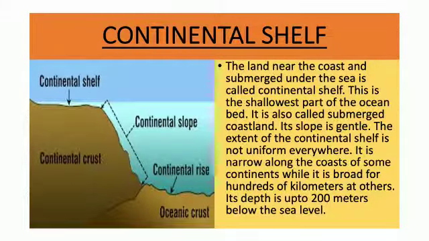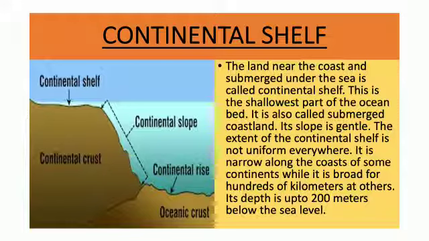The land near the coast and submerged under the sea is called continental shelf. This is the shallowest part of the ocean bed. It is also called submerged coastland. Its slope is gentle.